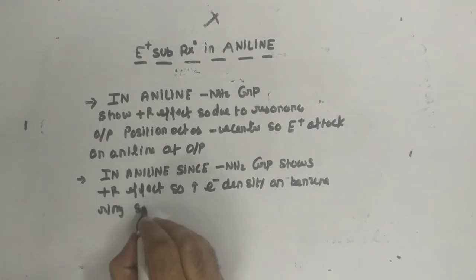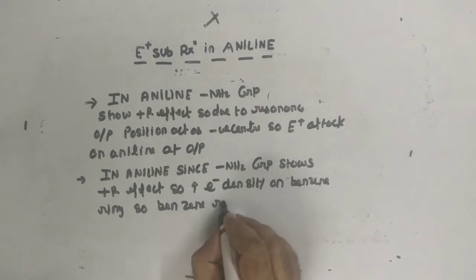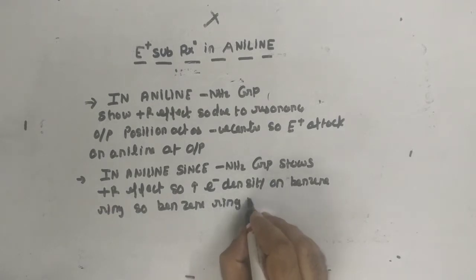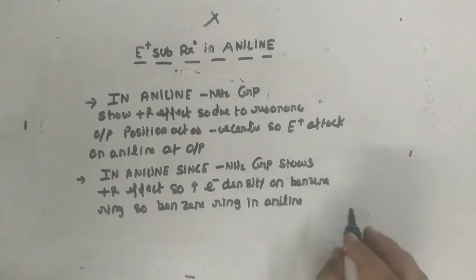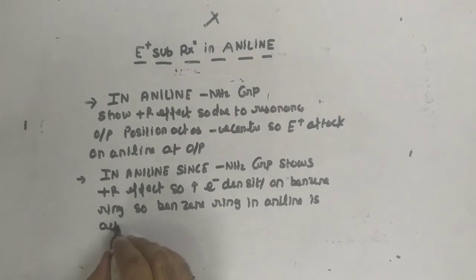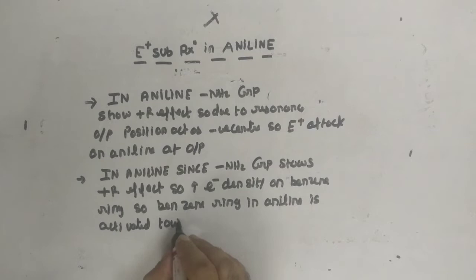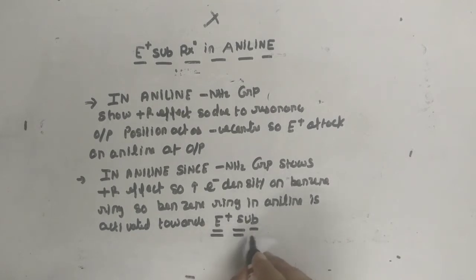So the benzene ring in aniline is dying to react with electrophile. Dying means activated. Aniline is activated towards electrophilic substitution reaction, as activated as you are towards the studies, since all of you are good children.